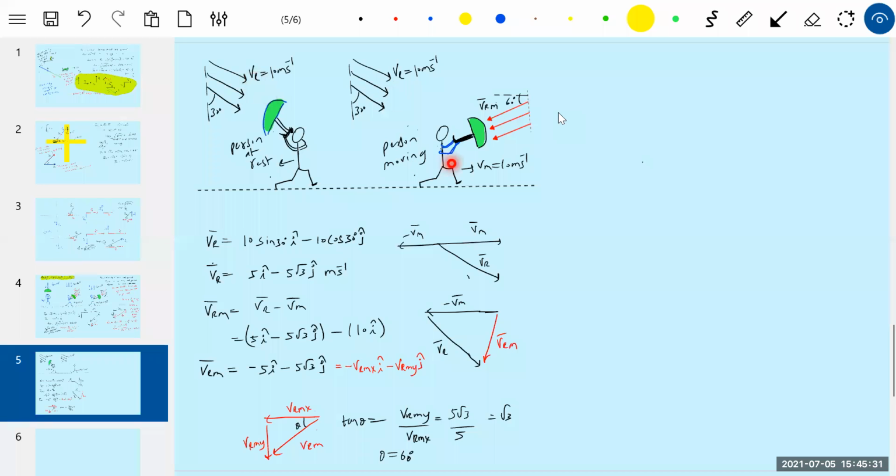If you start running, does the velocity of rain change? Are you so powerful? No, so don't change this one. If it changes naturally, okay, but in general it will not change. Now with what speed should he run so that he can hold the umbrella vertically? Can we calculate that speed?